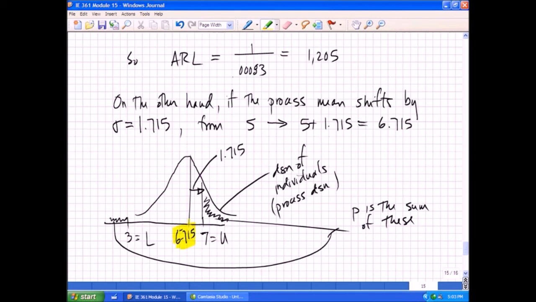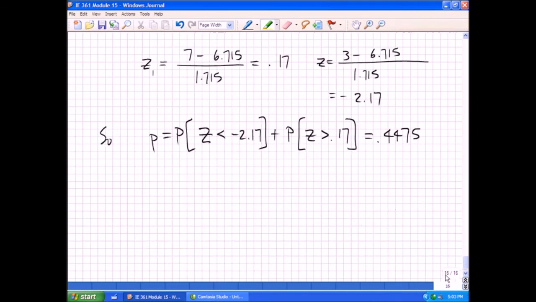So if one is in a situation where the process mean is not at 5 any longer, but is at 6.715, that changes the fraction non-conforming to the sum of this and that, which is substantially larger than it was with that distribution centered at 5. In fact, it is this much.